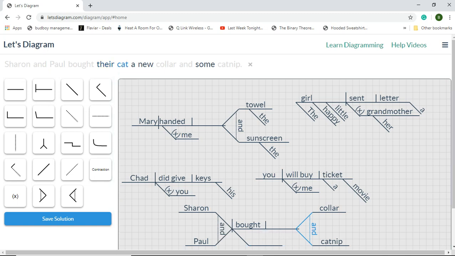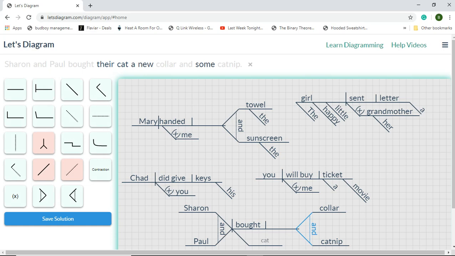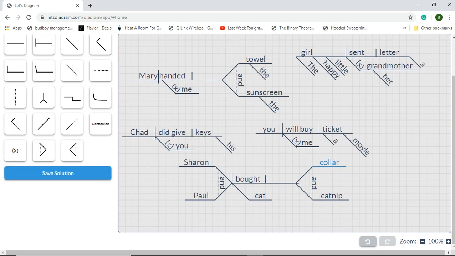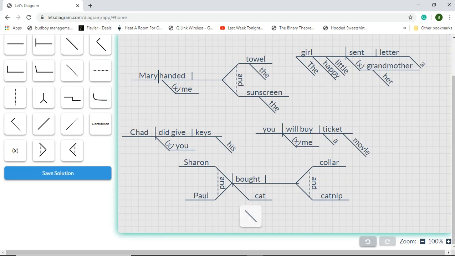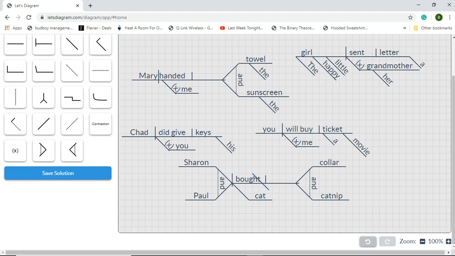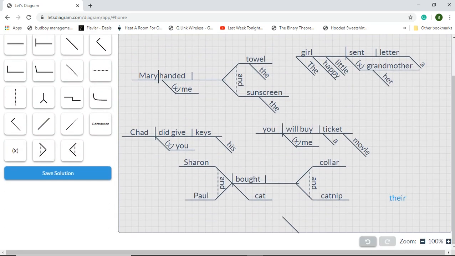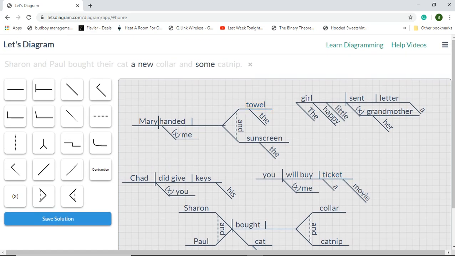So the cat is the indirect object. Okay. There is an adjective modifying cat. Right in there. Good.